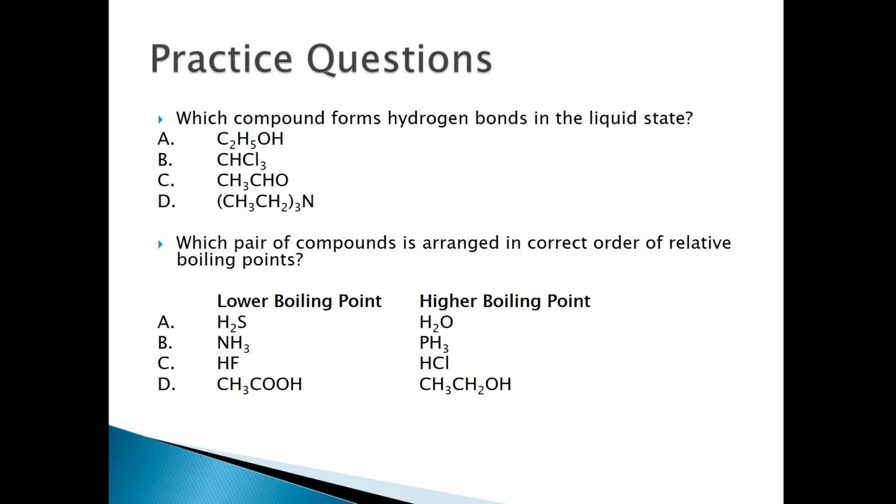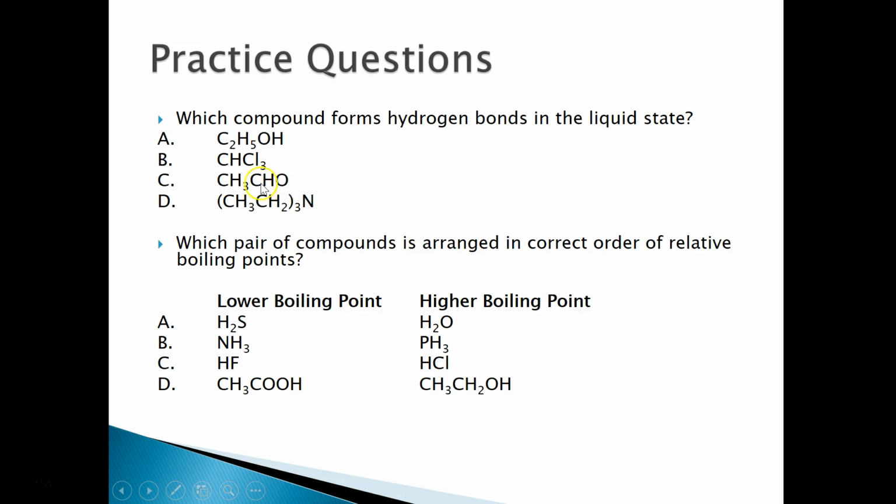All right, so which compounds form hydrogen bonds in the liquid state? Now, in order to form hydrogen bonds, you have to have oxygen, nitrogen, or fluorine bonded to a hydrogen atom. So if we look at choice D, we have nitrogen in the molecule, but the nitrogen atom is bonded to 3 ethyl groups. So it's bonded to 3 carbon atoms, no hydrogen. If we look at choice C, that is an aldehyde.